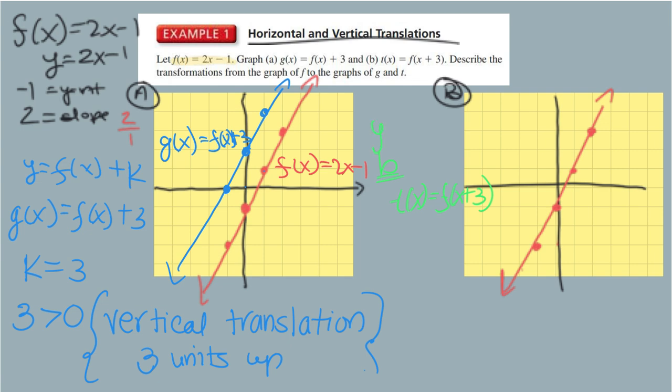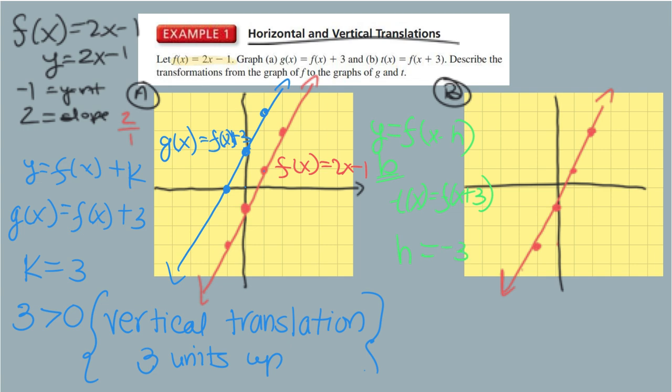Which was what? y equals f of the quantity of x minus h. Correct. So I see that h already. And I see who's h here? h is who? Yes, h is my negative 3.